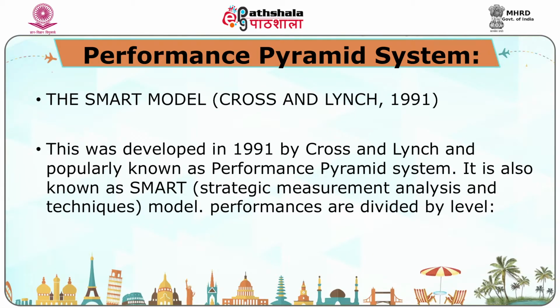The SMART model, Cross and Lynch, 1991. This was developed in 1991 by Cross and Lynch and is popularly known as the performance pyramid system. It is also known as SMART, the Strategic Measurement Analysis and Reporting Technique model.